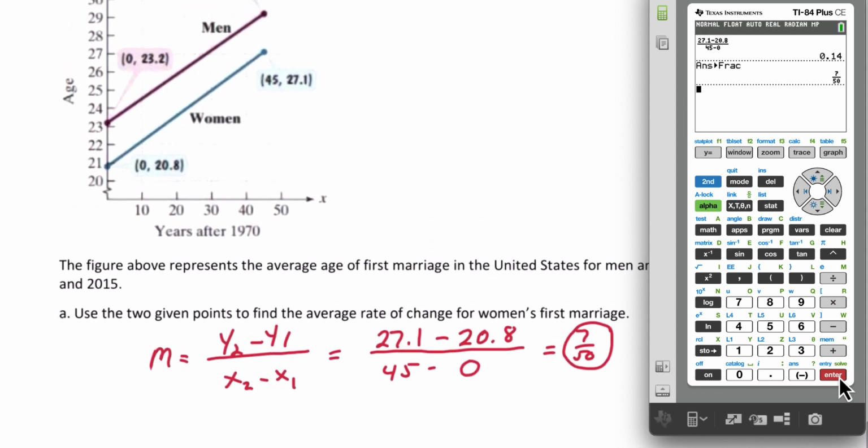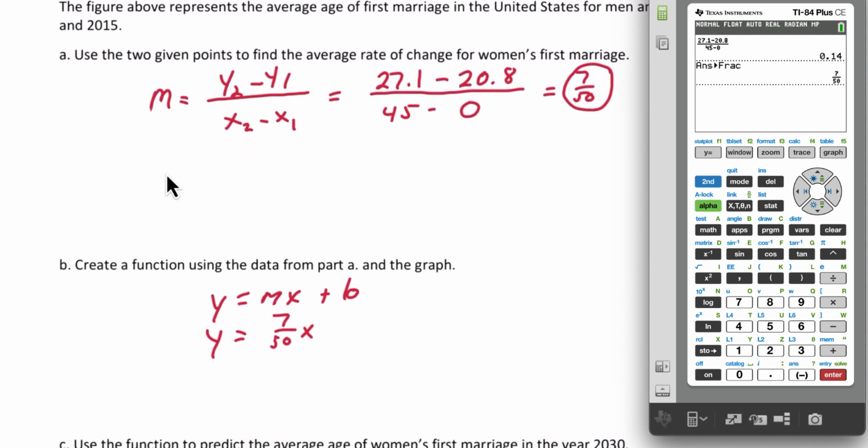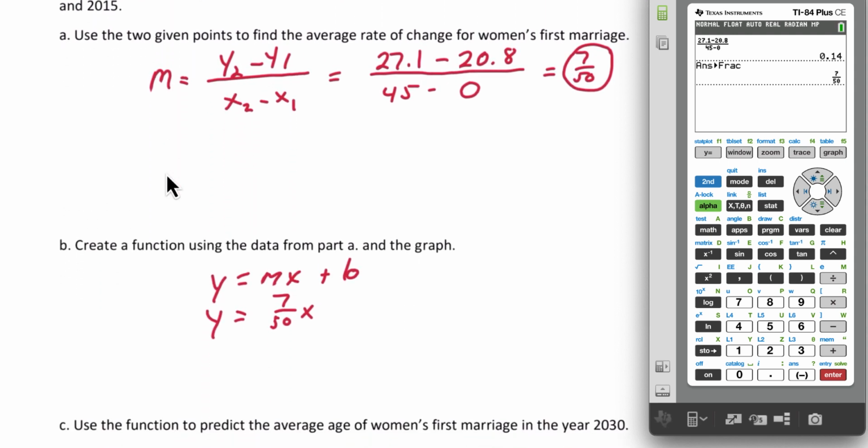Remember that we're looking at the blue graph, and it looks like the y-intercept of that graph is 20.8. Remember that when x is 0, you have the y-intercept, which in this case is 20.8. So b is 20.8. We now have an equation that represents the women's first marriage.